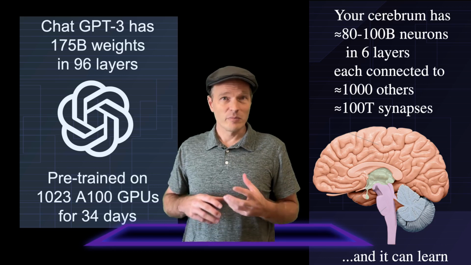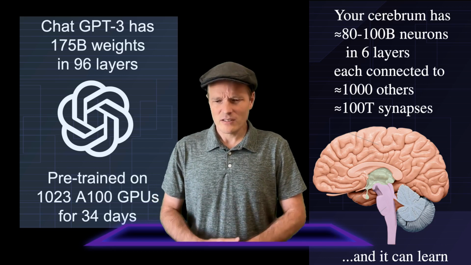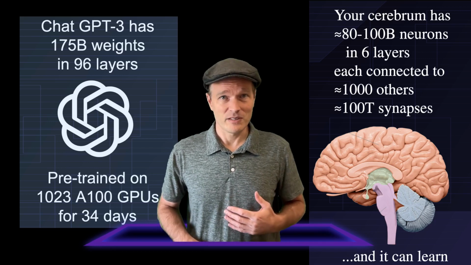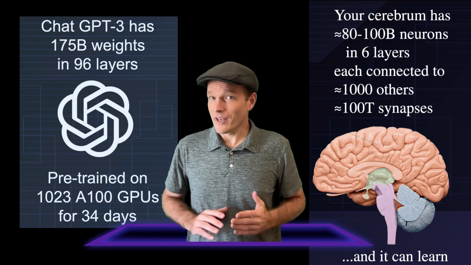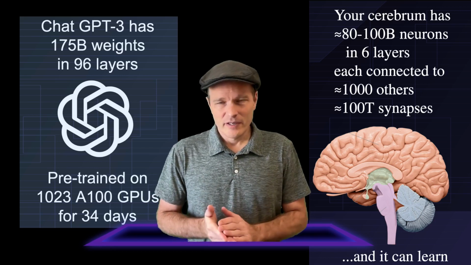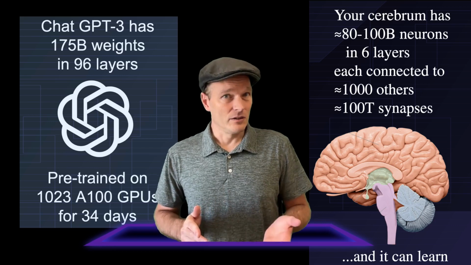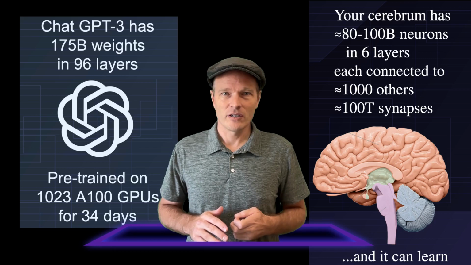Now, each of these 100 billion neurons is connected on average to about 1,000 others, so this brings us to about 100 trillion synapses. Even our biggest large language models still have a ways to go before they have that many weights in them. But by far the most important property of the human brain is that it can learn. So let's talk about how we could possibly do that in a cognitive architecture.